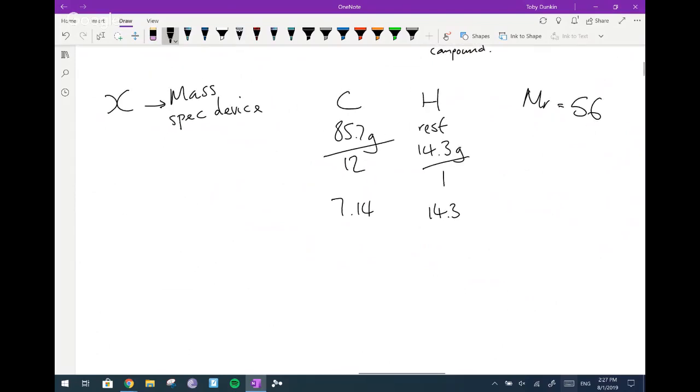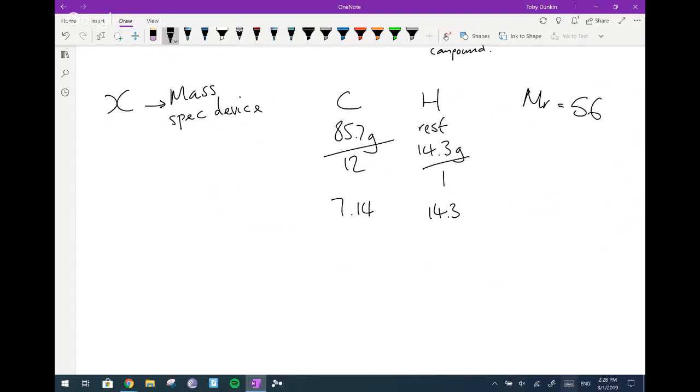Now the thing is, though, I want the ratio. I want the simplest ratio, because what this now gives us is the ratio in terms of the particle count. So I could technically write down C7.14 and H14.3. That is a formula, but the problem is it's not the simplest, and it's also not a whole number. Well, what I can now do is simplify this down.